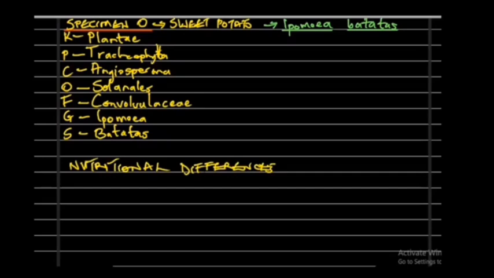Nutritional differences. Like I said, they are similar to the Irish potato. They are also tuber crops, they also have starchy vegetable stems, and they are propagated the same way.